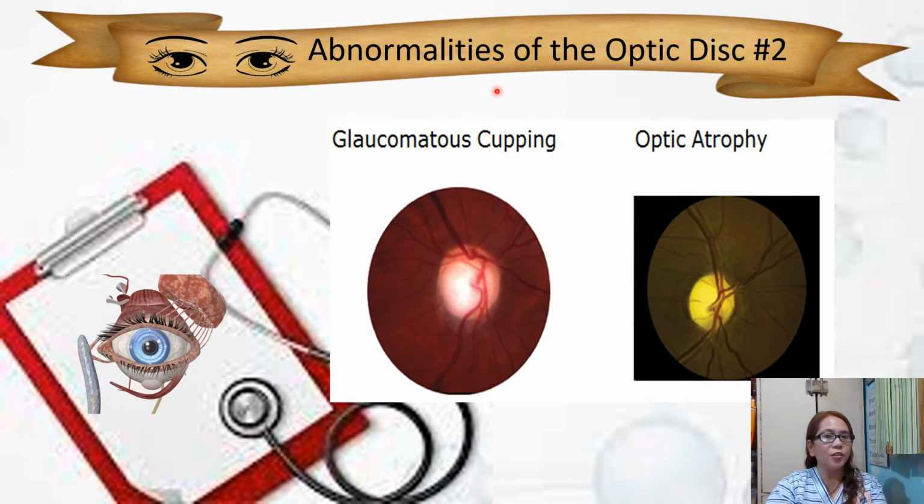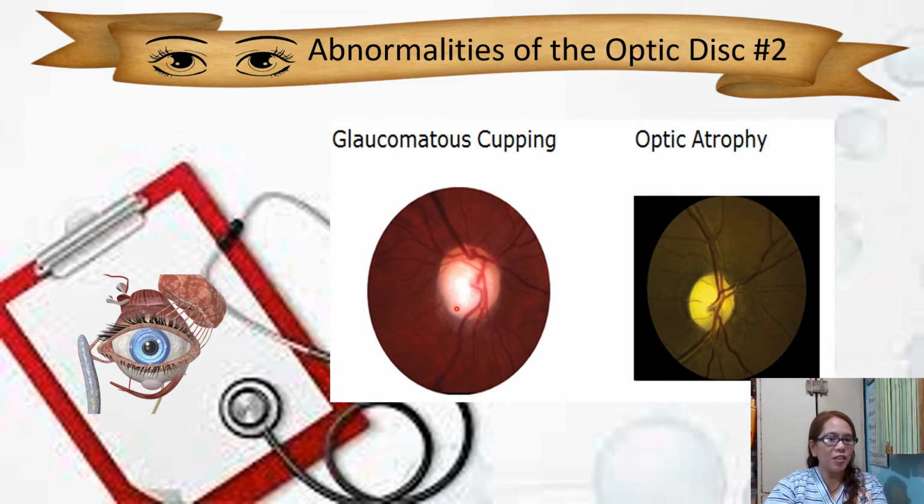Another abnormal finding of the optic disc is glaucomatous cupping. This is due to increased pressure within the eye that leads to increase in its cupping. There is a backward depression of the disc and there is atrophy.